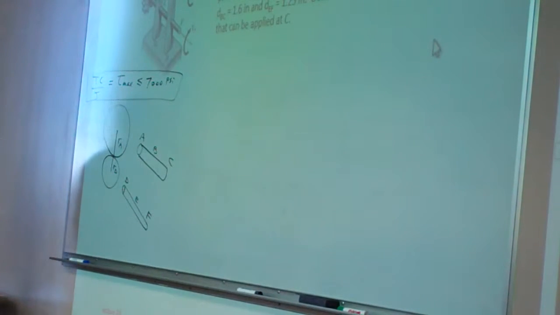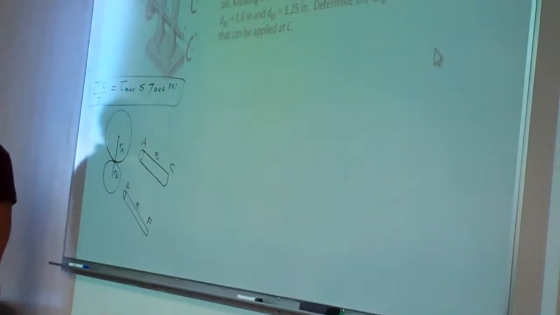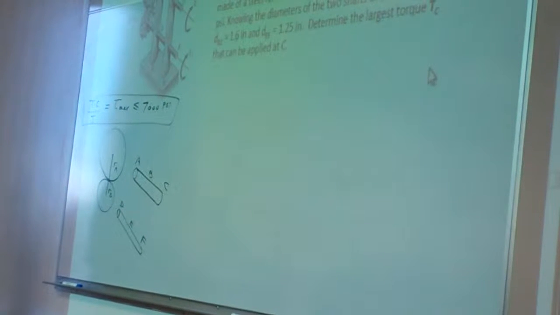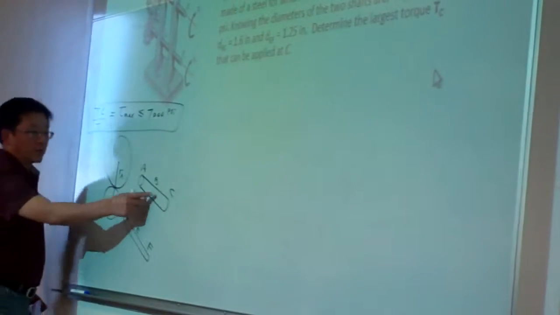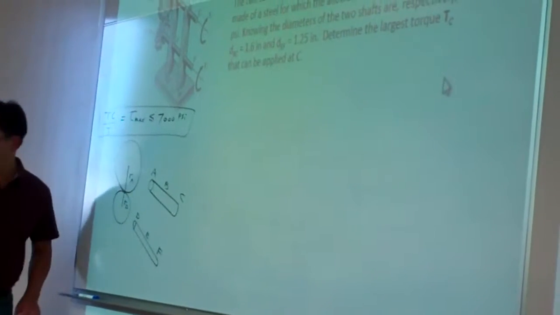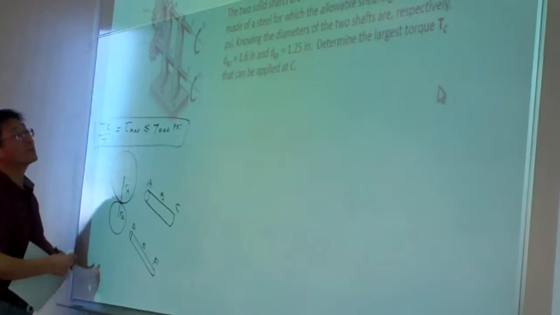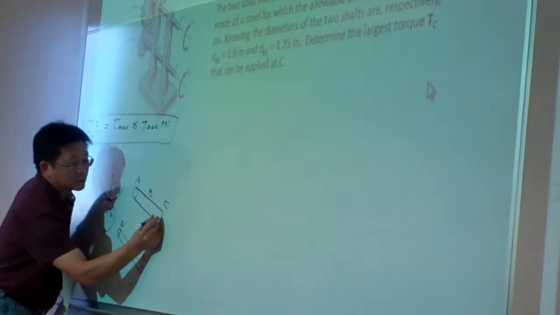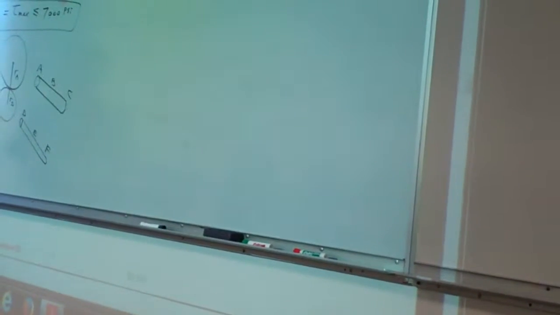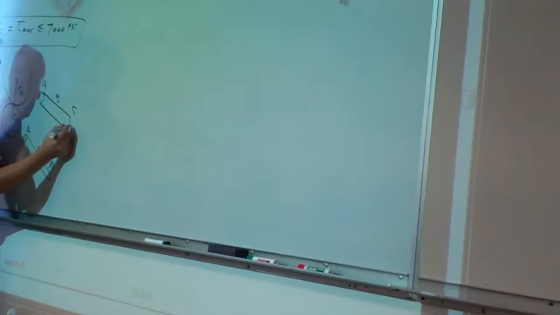I try to draw the three-bar diagrams, but once you get familiar with the process, you don't need such detailed analysis. Okay. So now for this case, this is TC.